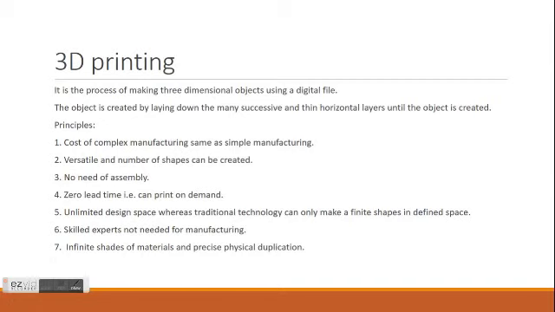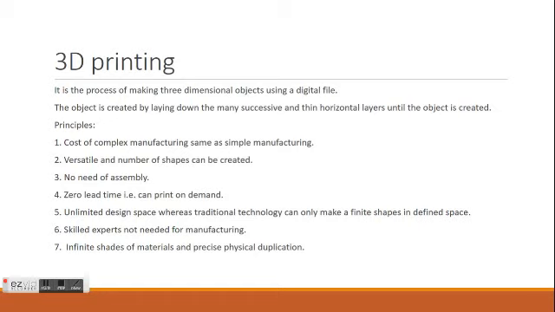3D printing is the process of making three-dimensional objects using a digital file. The object will be created by laying down many layers horizontally until the object is created. The principles of 3D printing are that the cost of complex manufacturing will be the same as simple manufacturing, any number of shapes can be created, and there is no need of assembly for that.